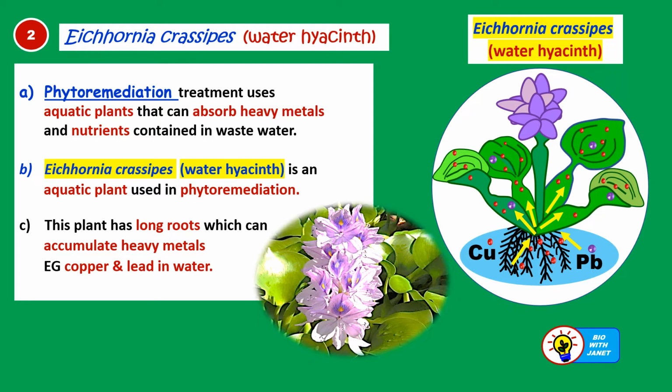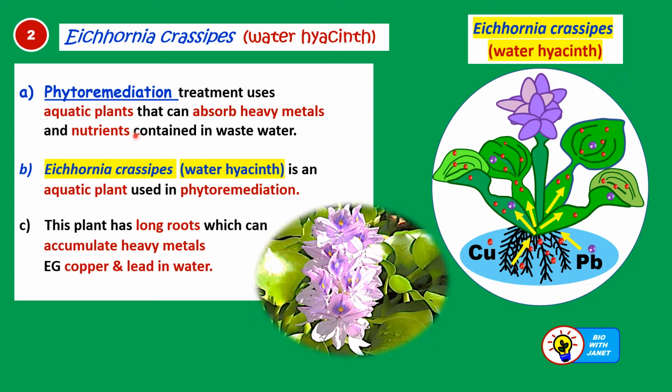The second species of plant that can be used in phytoremediation is Eichhornia crassipes, or water hyacinth. Now, phytoremediation treatment uses not only land plants but also aquatic plants that can absorb heavy metals and nutrients contained in wastewater. These heavy metals and nutrients are produced through industrial processes and also through agricultural practices.